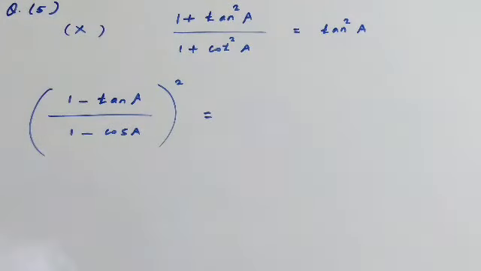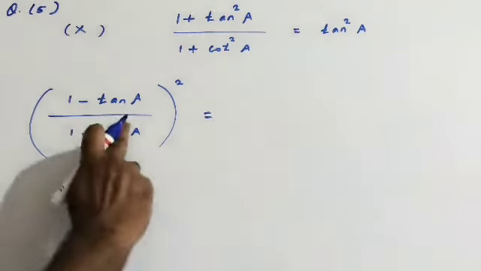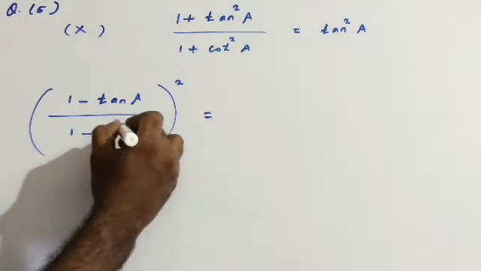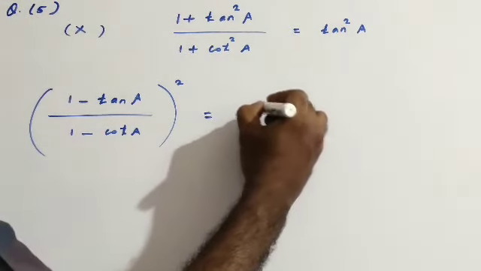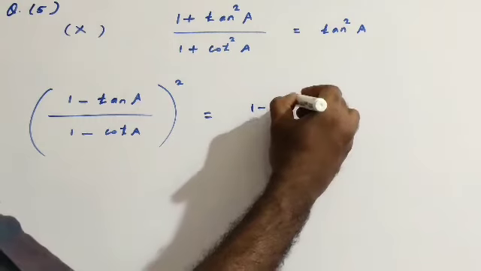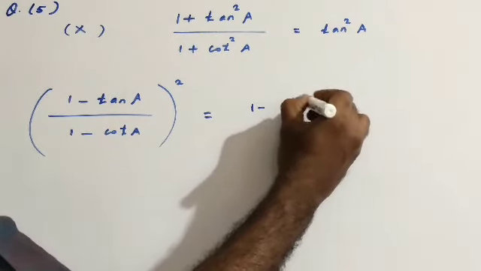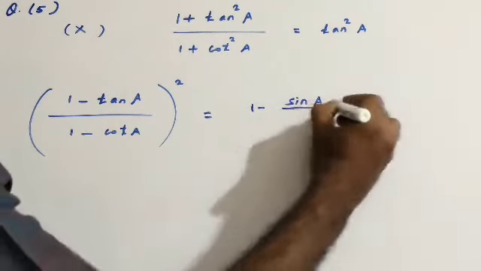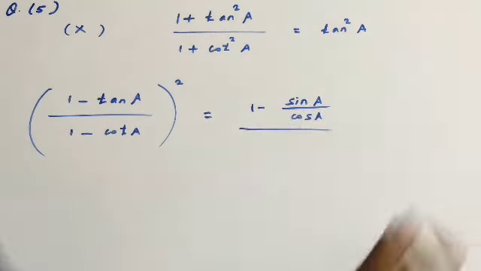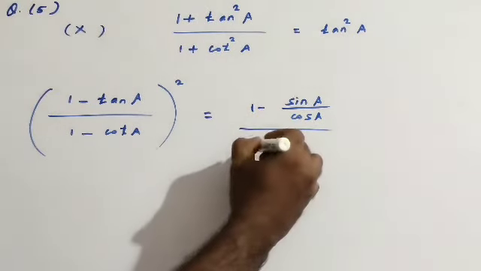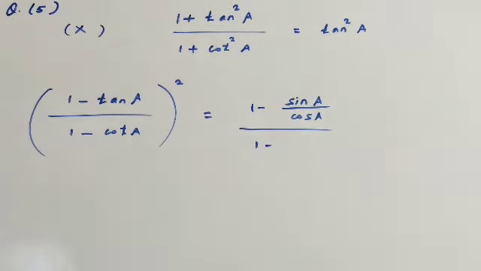Second one is (1 minus tan A) by (1 minus cot A) the whole square. Now you can write tan A as sin A by cos A. Like that 1 minus cot A, that is already I told, reciprocal of tan value.